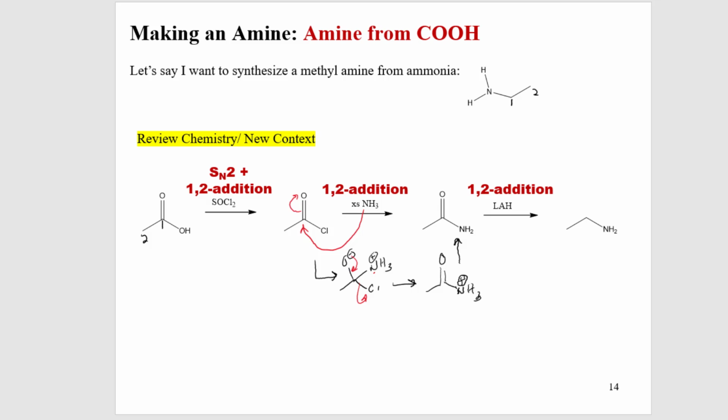So this is all from the last chapter. We're now at carbon 1 and carbon 2. Notice that carbon 1 is attached to the NH2. All we have to do now is get rid of the carbonyl.